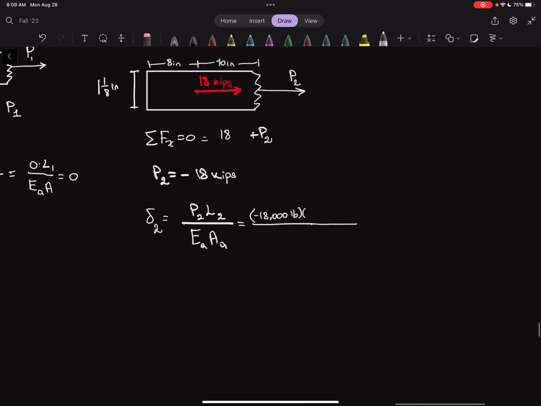Now, L2 is the length over which this load is applied, which is length of 10 inches, which is our base unit for English units. So that's good. Now, EA, what did we say EA was? EA is 10.4 times 10 to the 6. So we'll write here 10.4 times 10 to the 6 pounds per inches squared. Remember, those are the units of E. And now finally, for the area, we have 1 1/8. So we'll say that that is 9 over 8 inches.